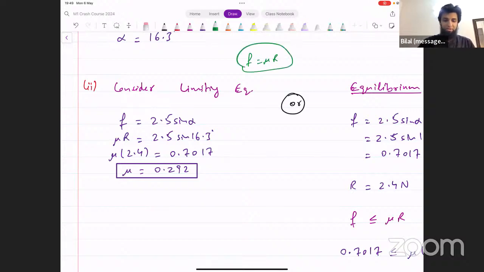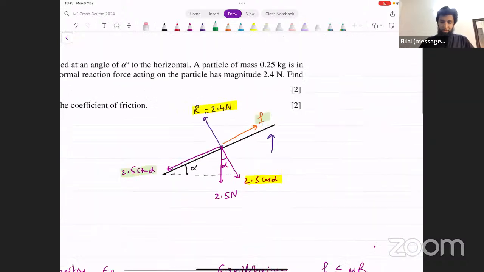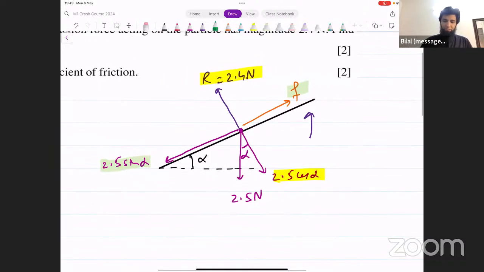And the second thing that happens is, whatever equilibrium case you have, if the object is just about to move down the plane, friction would act up the plane. And if the object is just about to move up the plane, friction would act down the plane.